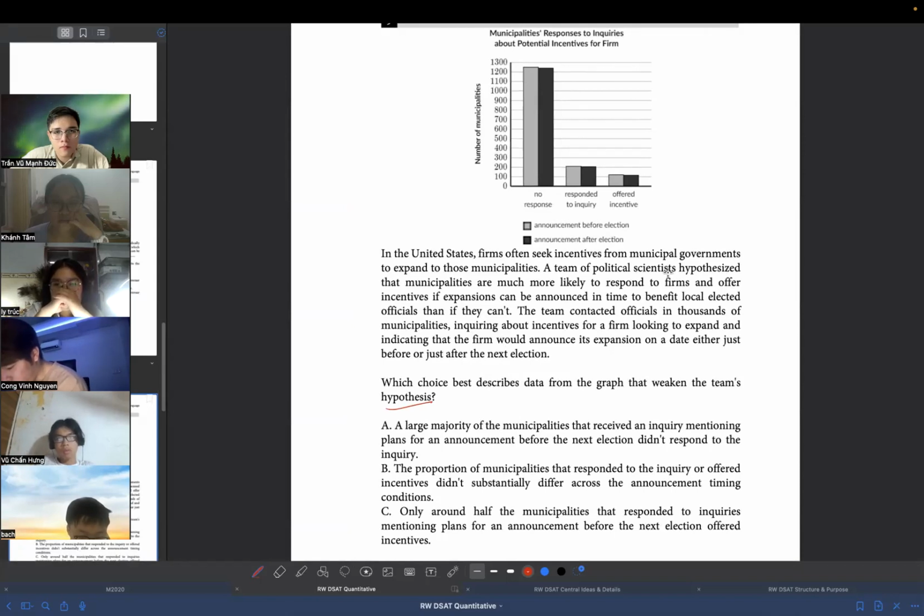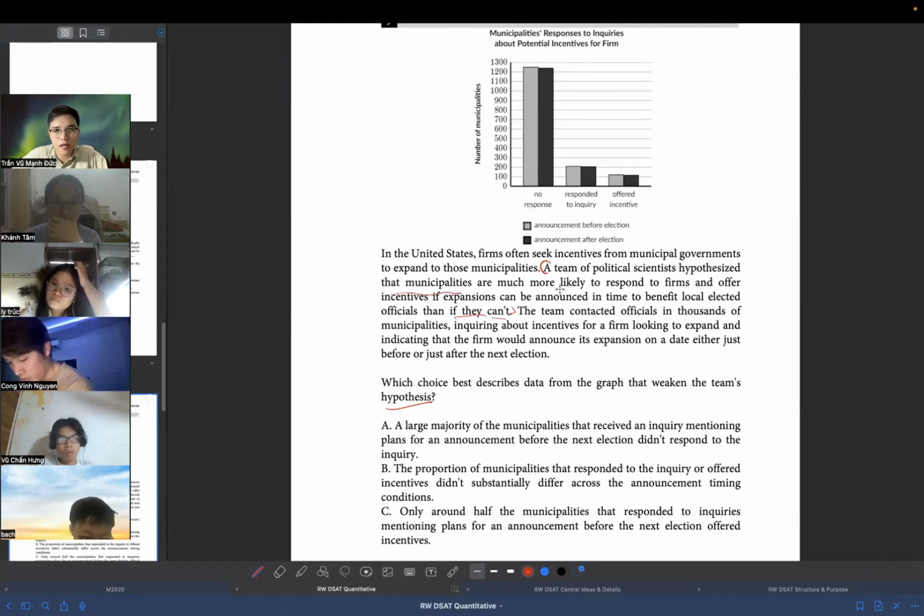Like 3, like 4 button up. 1, 2, 3, 4 from here. Like 2. Okay, so here, right? Yeah. They hypothesized that municipalities, if they can't, right? Yes.